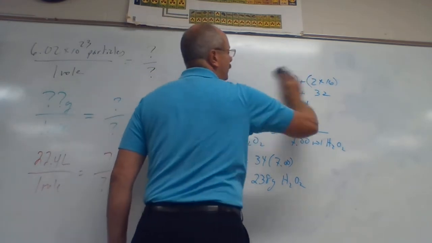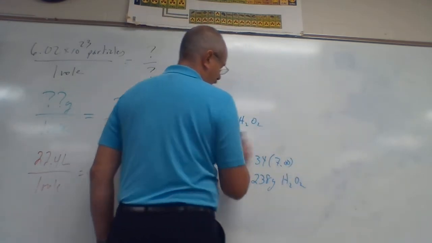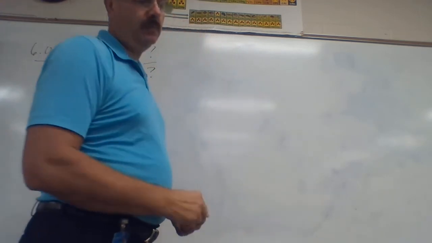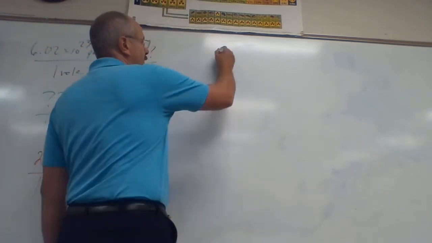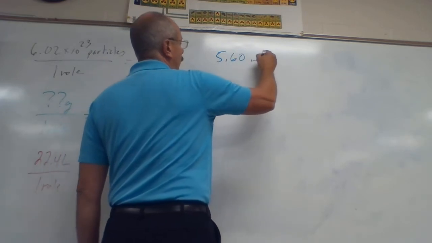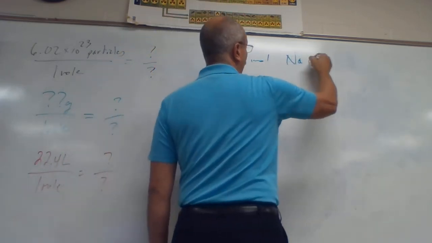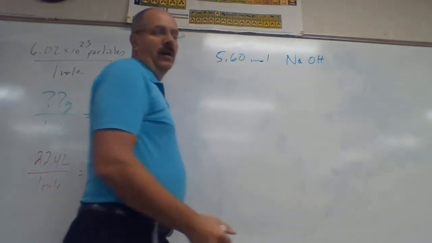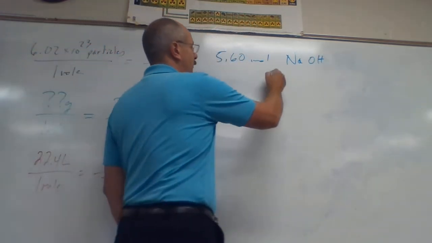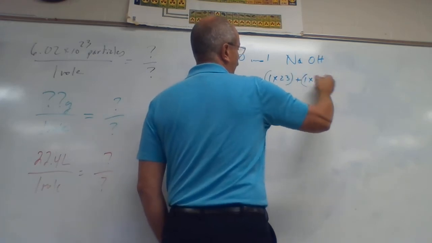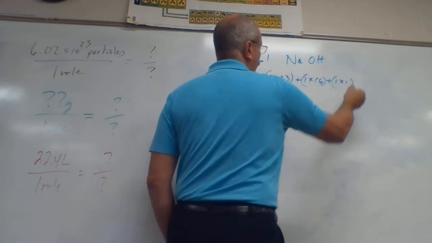That's our next guy. Next one, they gave me 5.60 moles of something. Sodium hydroxide, NaOH. All right, we got to find its molar mass. So 1 sodium times 23 plus 1 oxygen times 16 plus 1 hydrogen times 1.